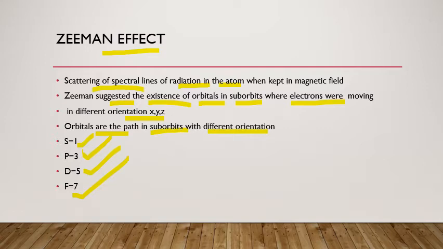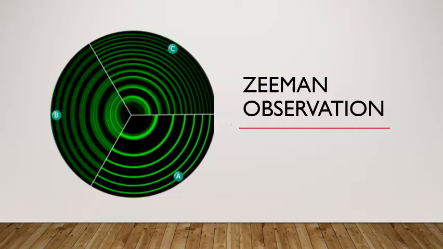So we all know that the orbital concept is a quantum mechanical concept, but the orbital was firstly described as a path with different orientations by Zeeman. So this was the Zeeman observation, that the splitting of the spectral lines under the influence of the magnetic field gave us this orientation and the orbital concept.